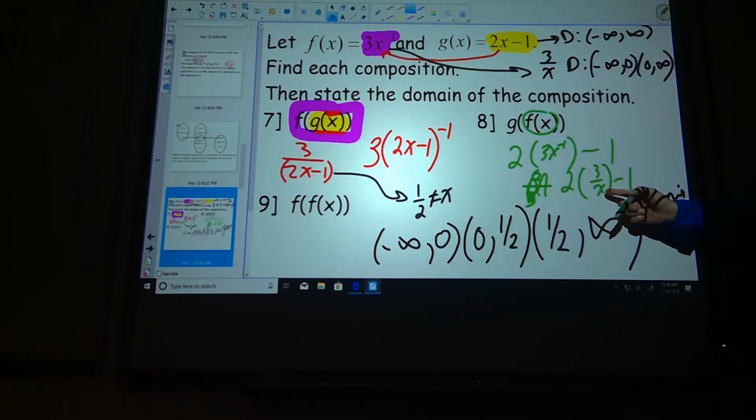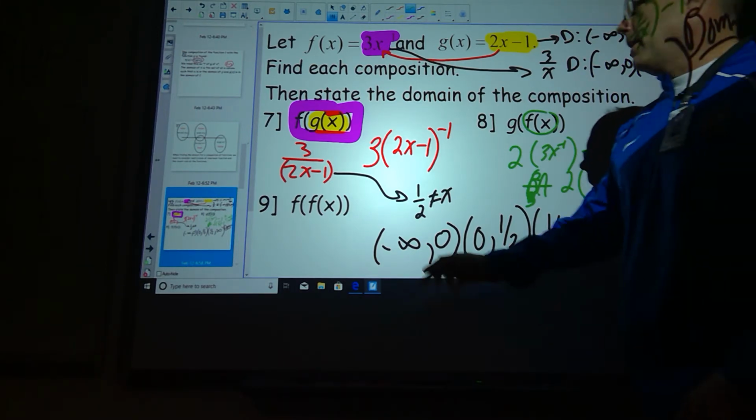Does this still have a 0 restriction? Yes, so my domain stayed the same here. Wait, so you just plug in 0 for x? Well, my variable can equal anything else except for 0. That's why I had to write it.